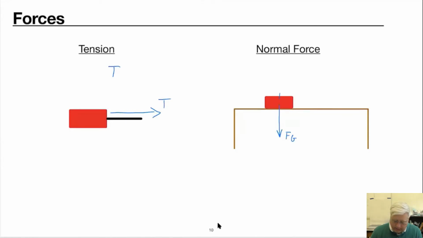It acts in the opposite direction as gravity, perpendicular to the surface, so we call it the normal force. We can symbolize that with F subscript n, or sometimes in your book or homework system you'll see a capital N or lowercase n. Those are the frequent ways to represent the normal force.